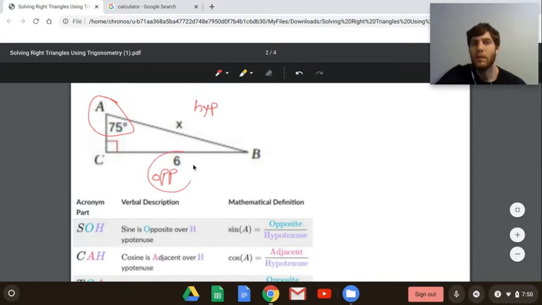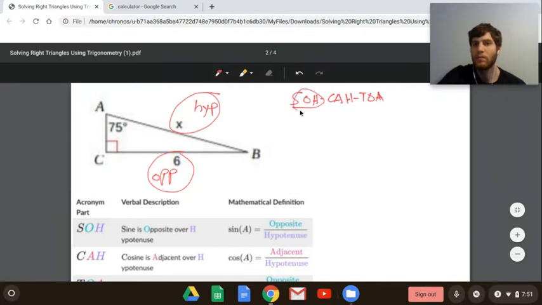So again, here we're looking at opposite and hypotenuse. So that means we're dealing with the O and the H, right? SOHCAHTOA. We're looking for the O and the H.